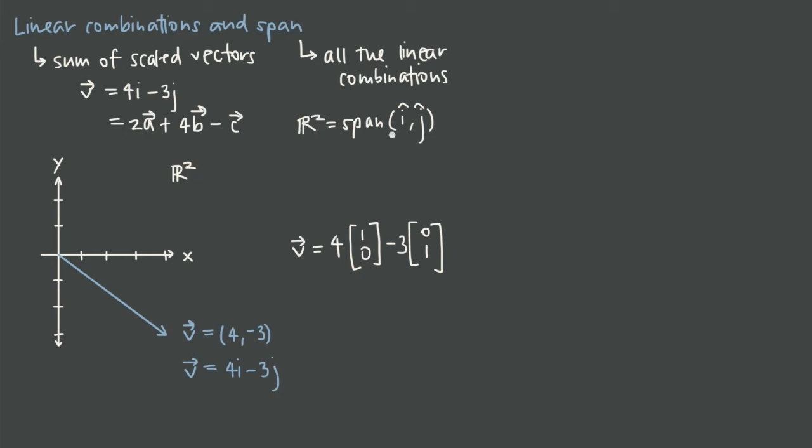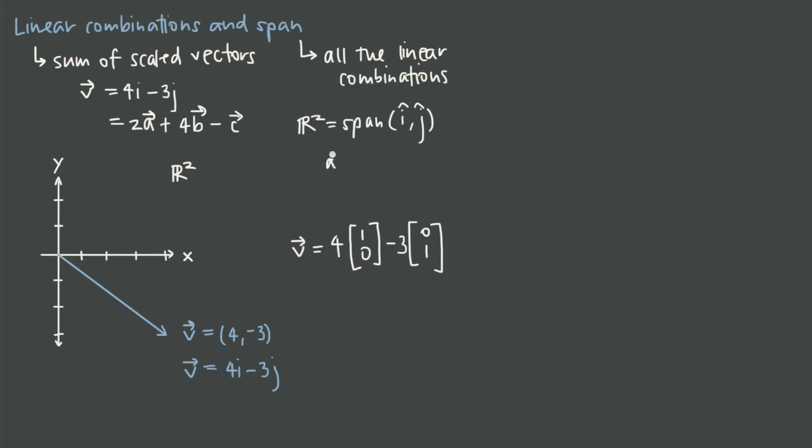What that means is that we can find any vector, or we can write any vector in R2, no matter which vector we pick, as a linear combination of i and j. In other words, if I collect together all of the possible linear combinations of the vectors i and j, that set of linear combinations is just going to be all of R2 space. And we can kind of see why that would make sense.